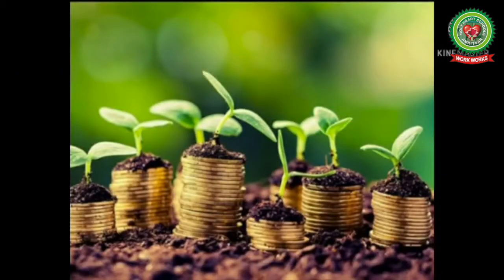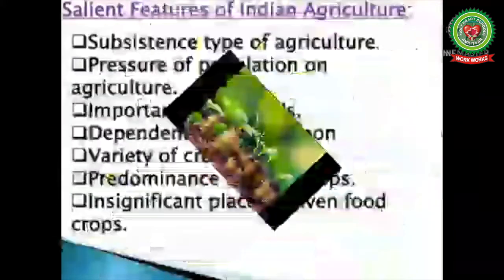Agriculture plays an important role in Indian economy and contributes about 20% of gross domestic product.